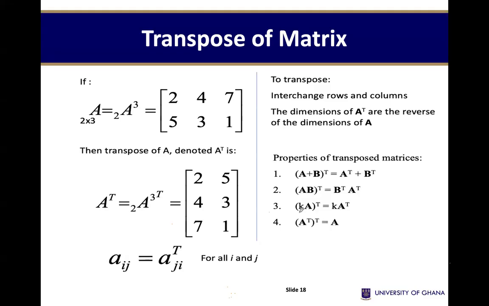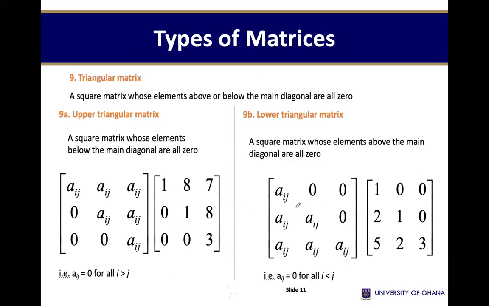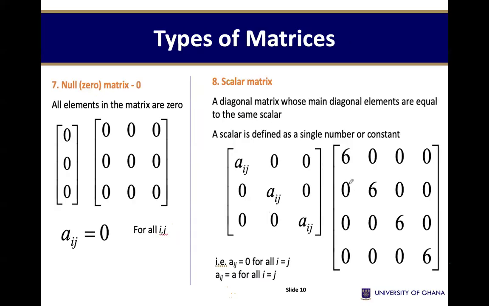The k here is a scalar, so it can be a number. But this A is a matrix, and B is also a matrix. Here it's only A which is a matrix. The k is not a matrix, it's just a scalar, which is like a number. So if you go back to this one, which we are calling a scalar matrix, I can bring out a 6 out here, and the whole of this will be unity, 1.